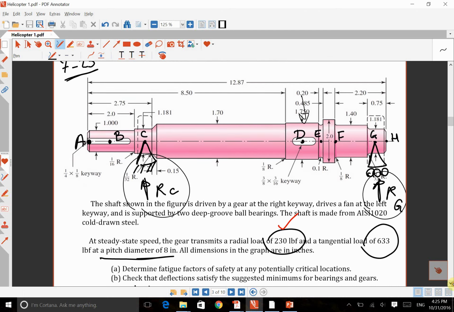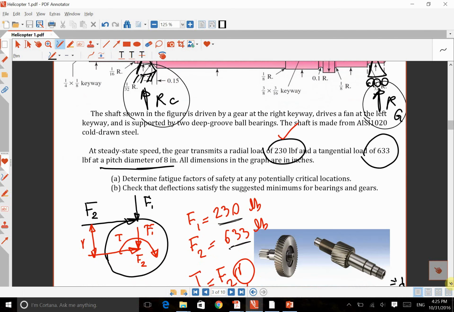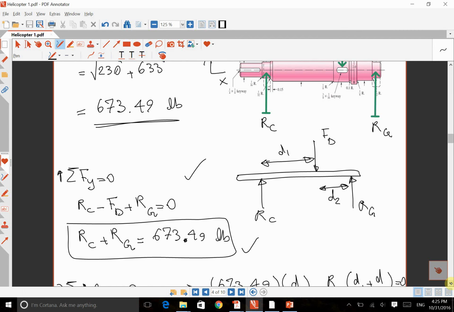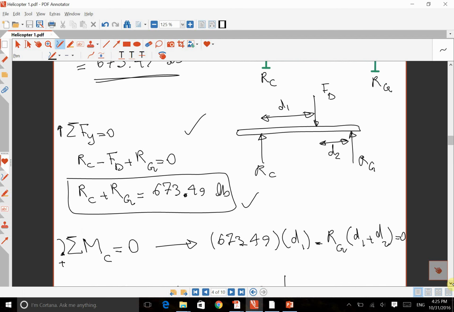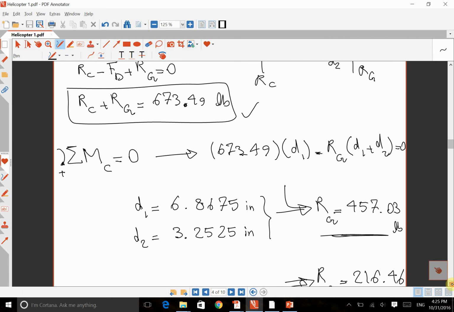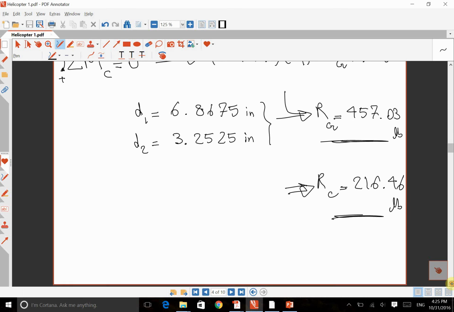So at the first step we found the reaction forces by writing Newton's law in the y-axis and the moment around one arbitrary point.